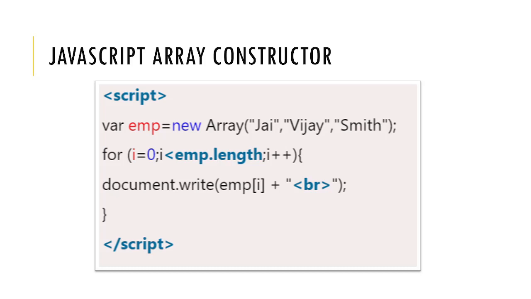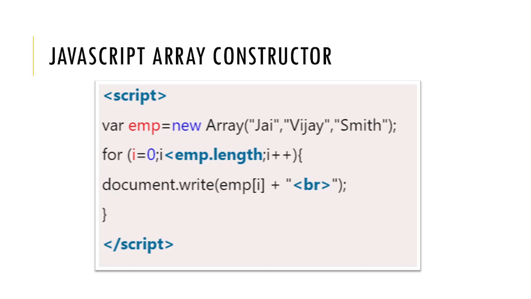In the previous slide, we just declared a variable by using the new keyword and the Array concept, and later we assigned the values manually. But here we use the constructor method: var emp equal to new Array, and the set of values you want to assign, you define as parameters to that constructor.